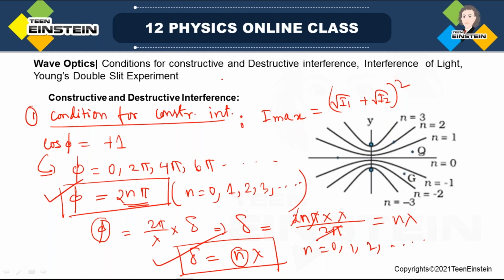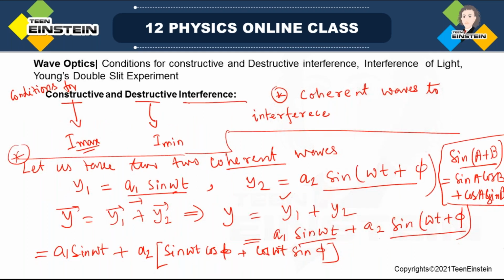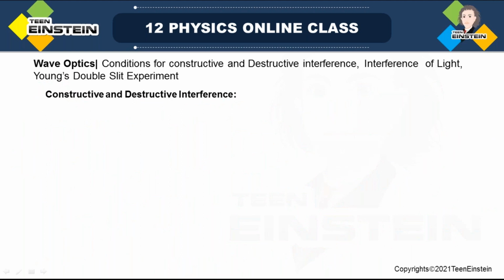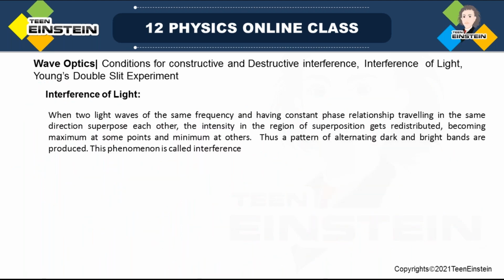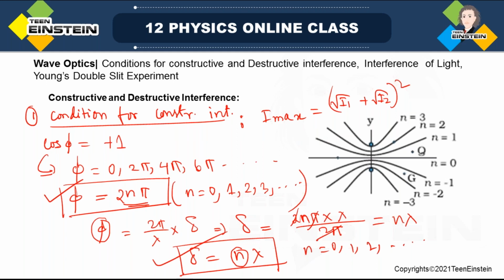All right, so we'll find out the condition for destructive interference. Let us do that. I'll just do that here, because I have not allotted any slide for that in the next.